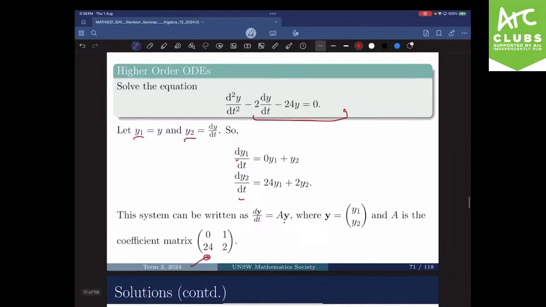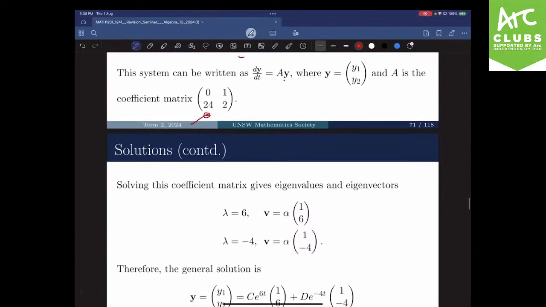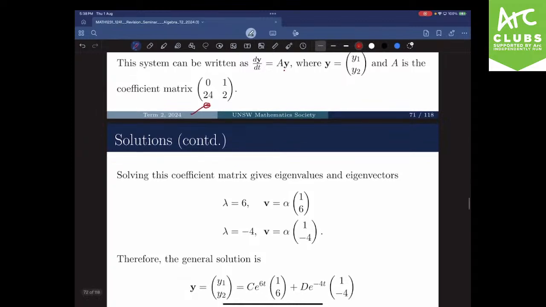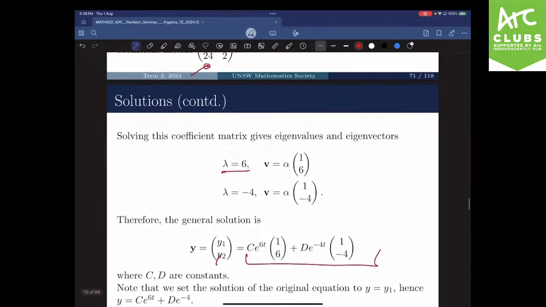Okay. So from here, we can solve the coefficient matrix, and we get the eigenvectors and eigenvalues. We get eigenvalue lambda equals 6, lambda equals -4, and the corresponding vectors (1, 6) and (1, -4). And thus we get the general solution for our vector y, which is (y1, y2), equal to this for constants c and d.